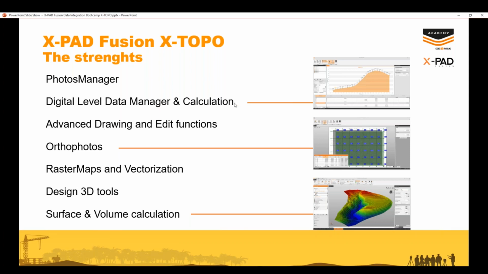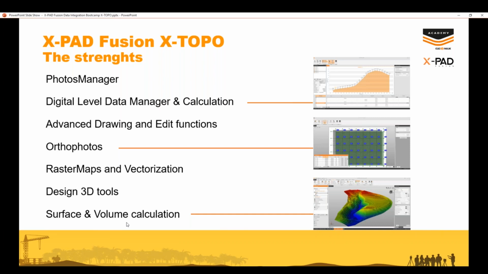Digital levels, visualization and calculation, advanced drawing and editing functionality, auto photos that you can directly create. We will see, for example, also this functionality for the scanner data, design 3D tools and surface and volume calculation.